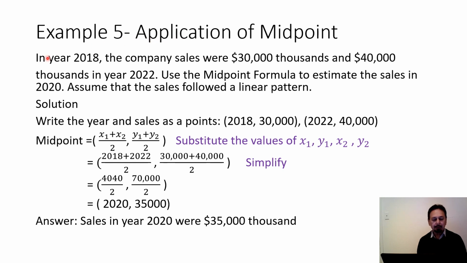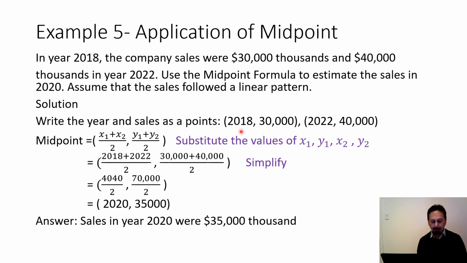Application of midpoint. In year 2018, the company sales were 30,000 thousands and 40,000 thousands in year 2022. Use the midpoint formula to estimate the sales in year 2020. Assume that the sales followed a linear pattern. So let's write down the year and sales as a point.